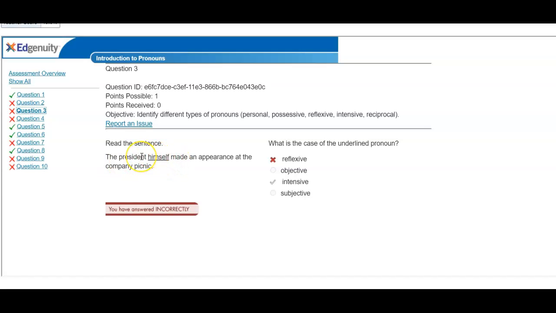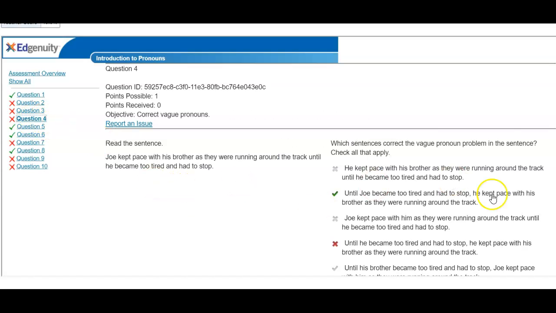It does replace the president, so it could be reflexive, except it is letting you know who did it? Himself. He is who did the action. He made an appearance at the company picnic. Okay, so in that case, it's intensive. That one's kind of tricky. So if we can get these others correct, and we maybe miss one between the reflexive and intensive, then that would be okay. We've just got to make sure we get these others correct. Okay? All right, next one.